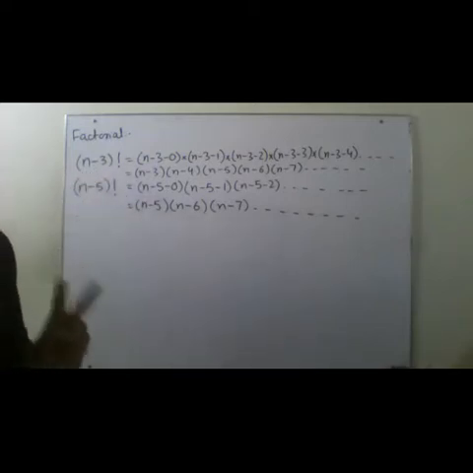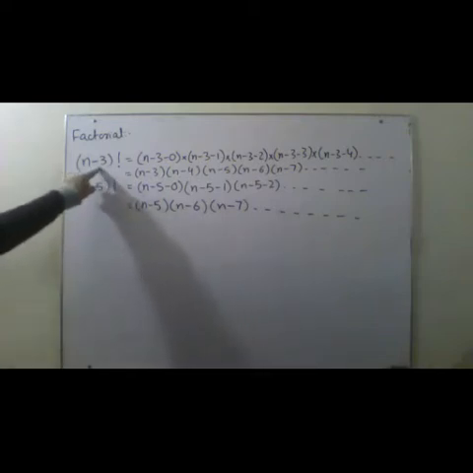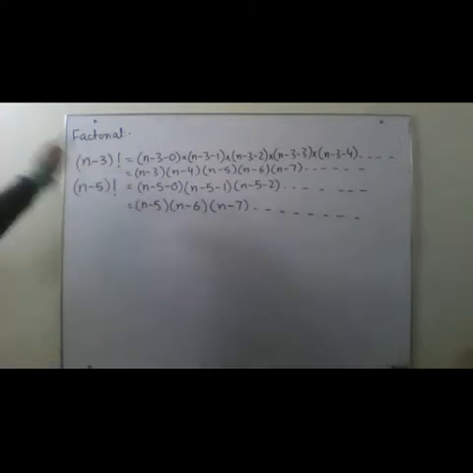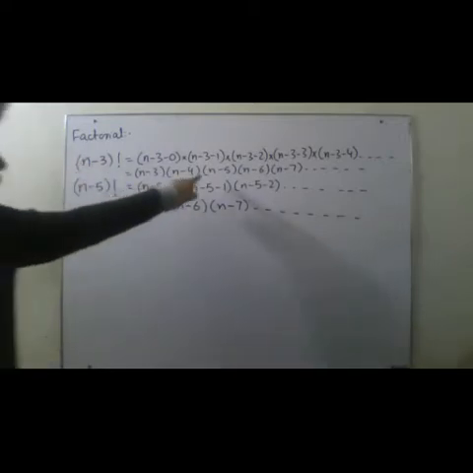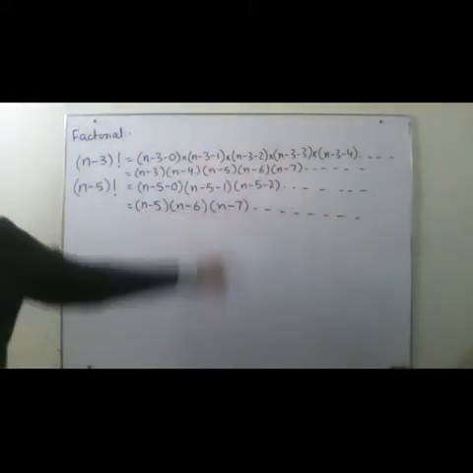Two different types of numbers are written with factorial. Okay. And you can see when I'm expanding the large one, meaning the one which is having a smaller number subtracted, that will be the large one. Because if n is 10, for instance, then 10 minus 3 will be 7 and 10 minus 5 will be 5. Okay. So if I expand the large number over there, I will have the numbers repeated. Okay.